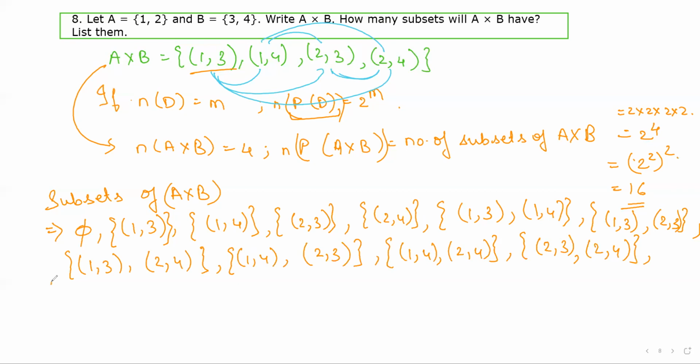Now consider 3 elements. Let's keep first and second static. Change the third one. There are 2 options for the third one: either this or (2, 4).